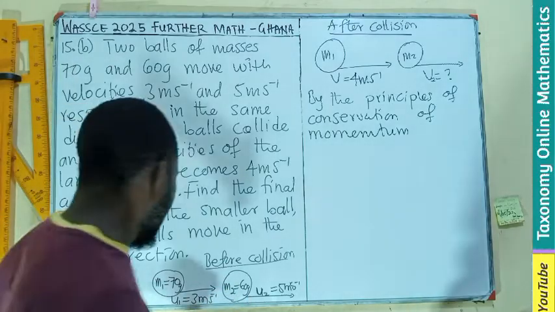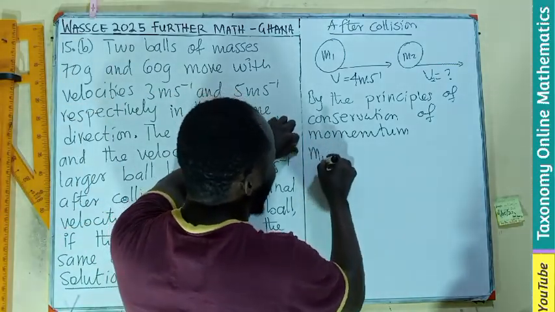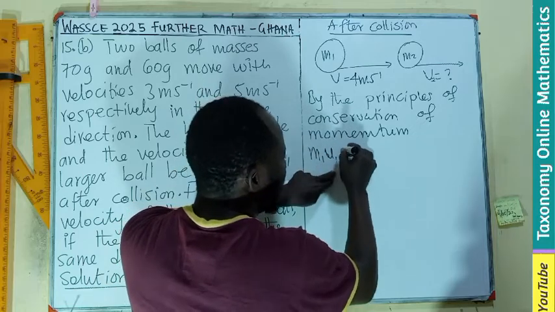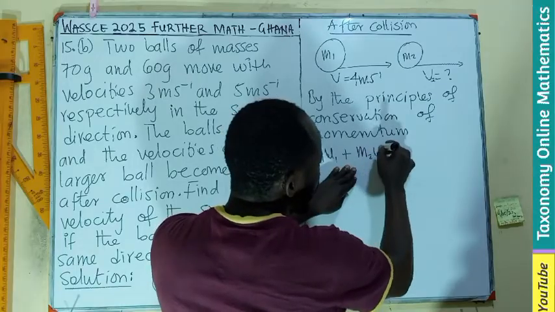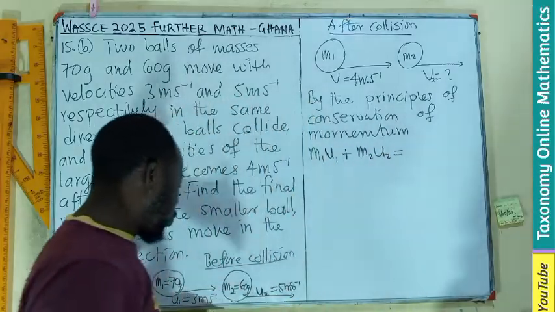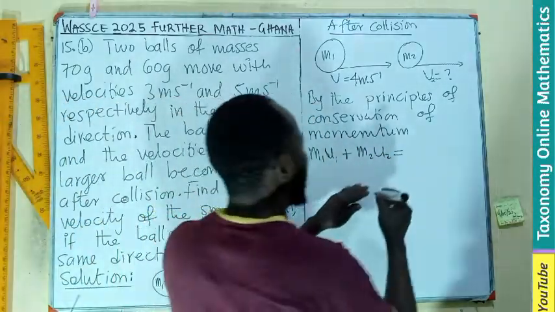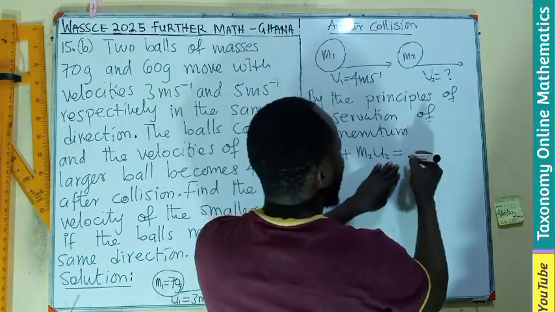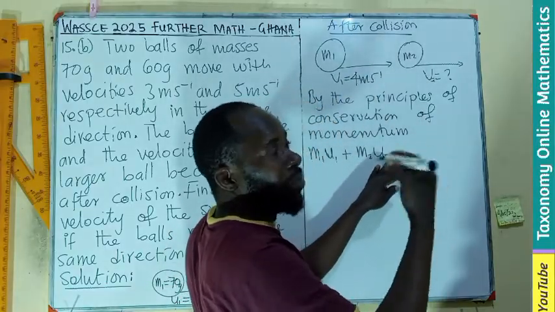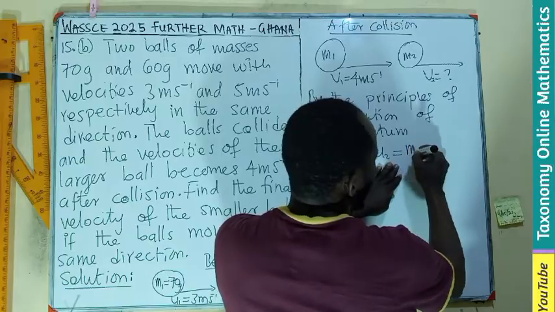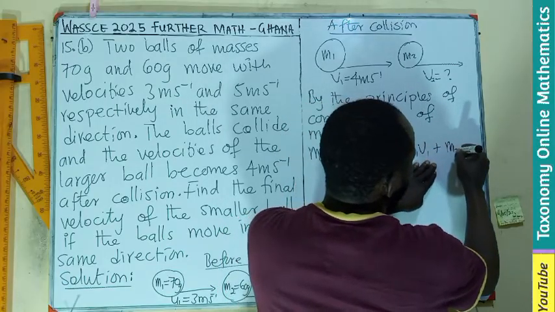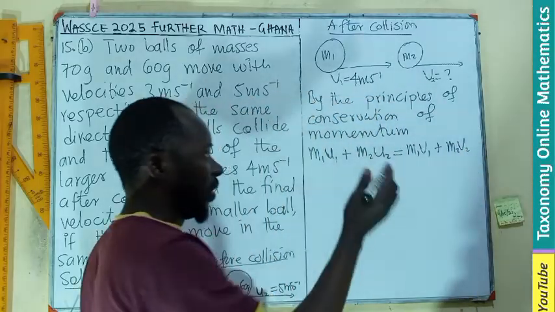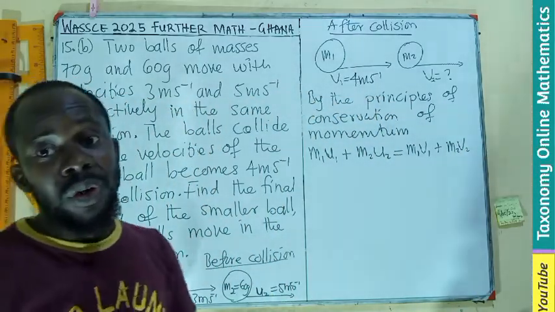So we have m1 u1 plus m2 u2 equals the final momentum, m1 v1 plus m2 v2.